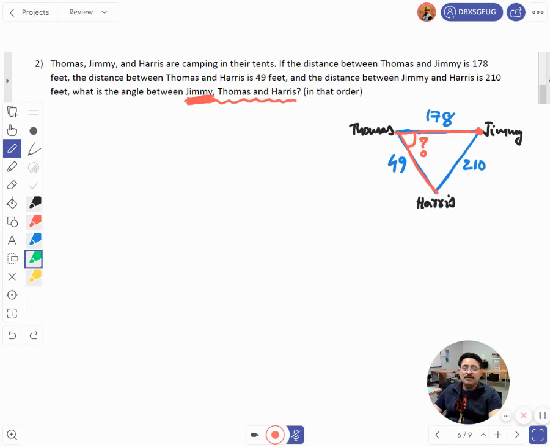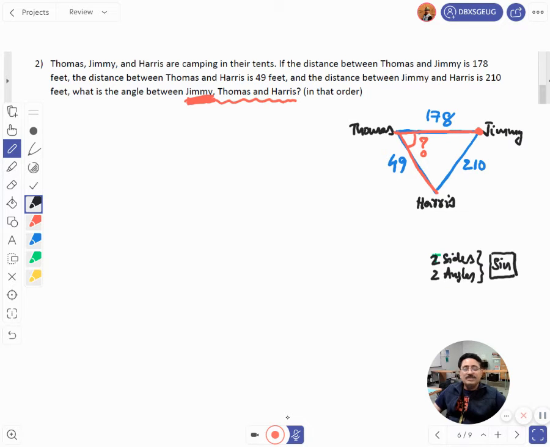Think of it. You have to remember always, let me write this. If it is two sides and two angles, this one is sine rule.